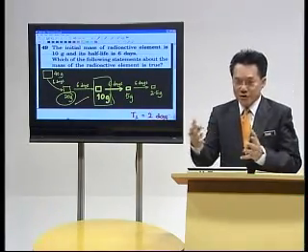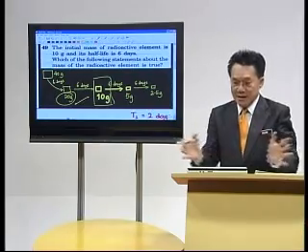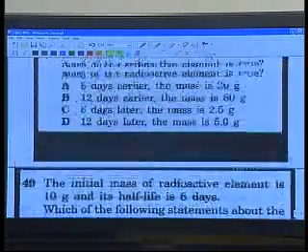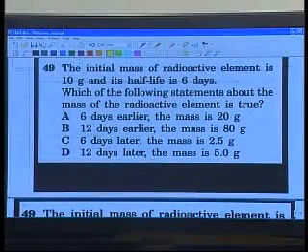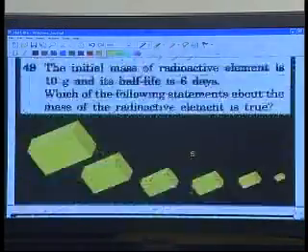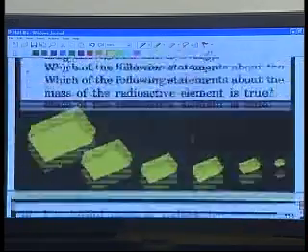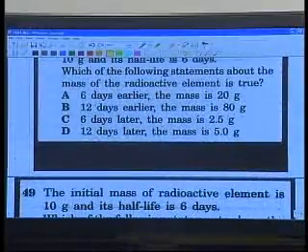Now I'm going through with you so that we understand the concept as well. Now what about C? 6 days later, mass 2.5 grams. 6 days later, we start here. This is the point we start. 6 days later, it should be 5 grams. So C is the wrong answer. It's good to go through all the answers for revision.